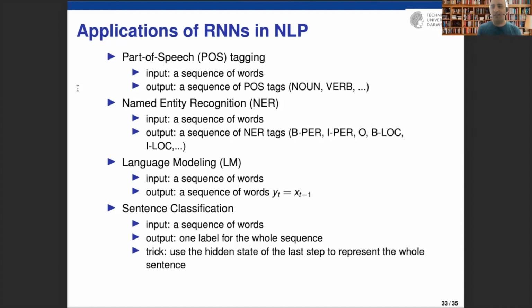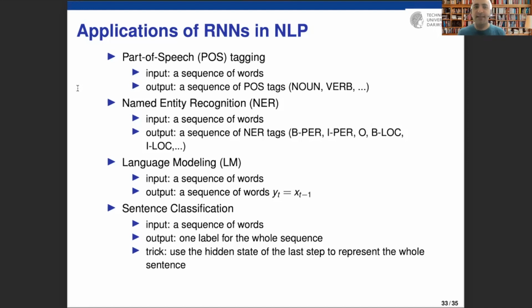The input is a sequence of words and the output is a sequence of POS tags like noun, verb, determiner, and so on. For each word in the sentence, you want to assign a POS tag.